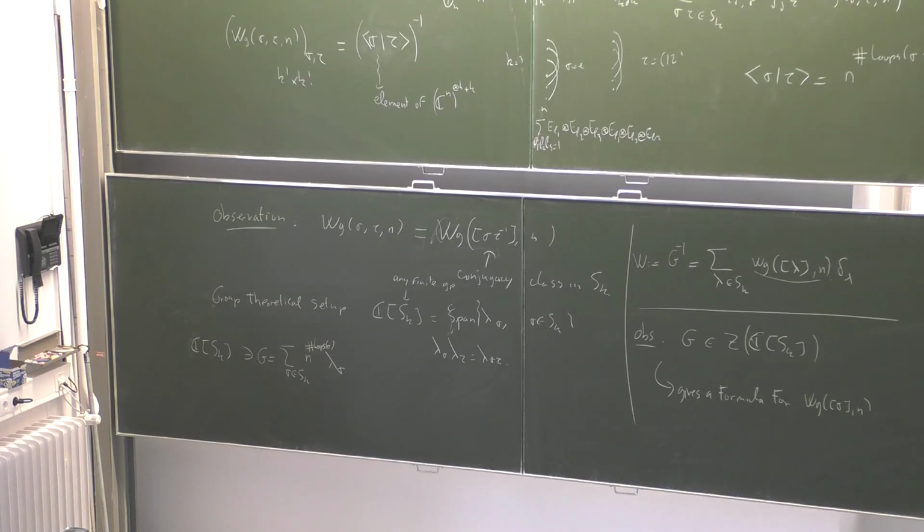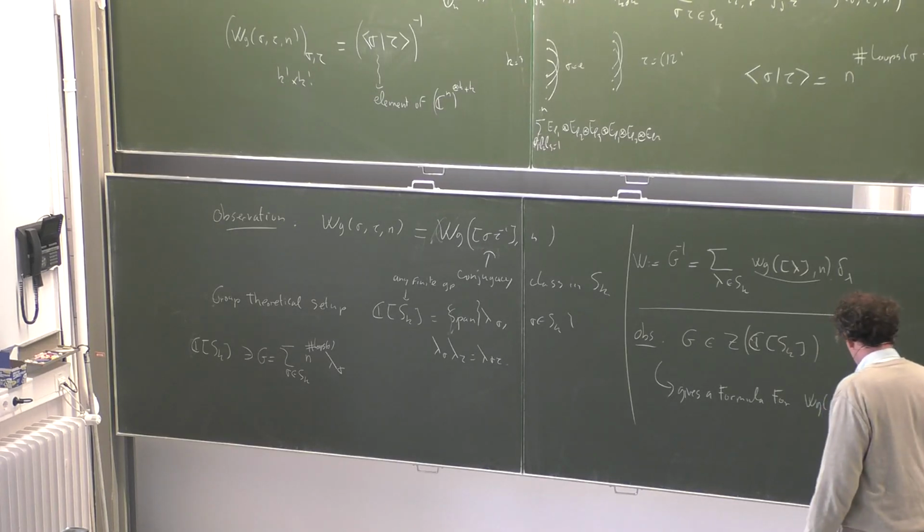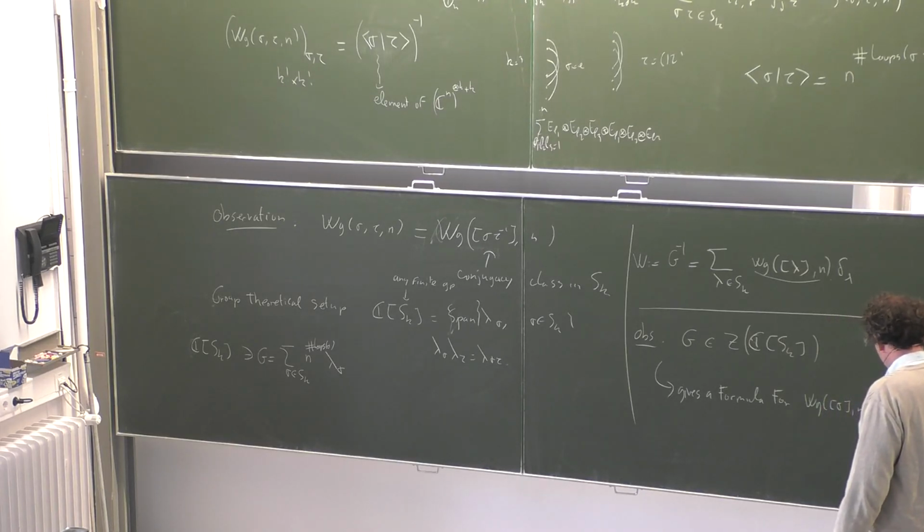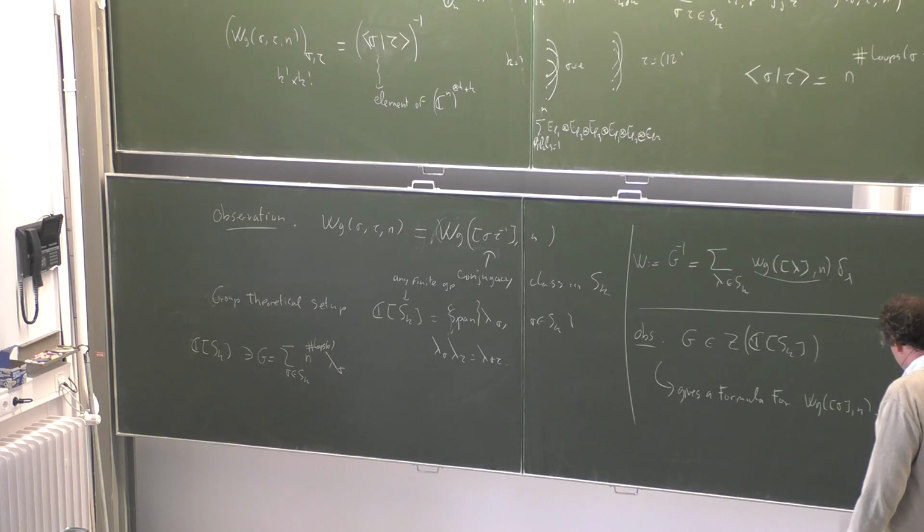Actually, the formula, let me try to see if I remember it. The formula is the sum over all irreducible representations of the symmetric group of the character of sigma times the dimension.